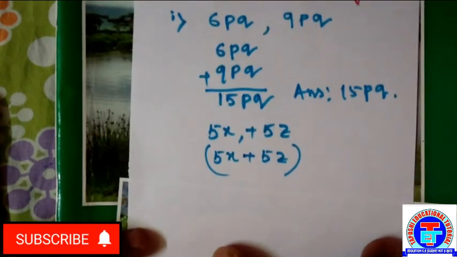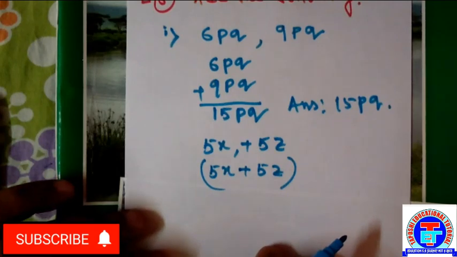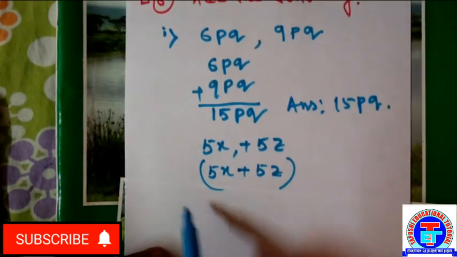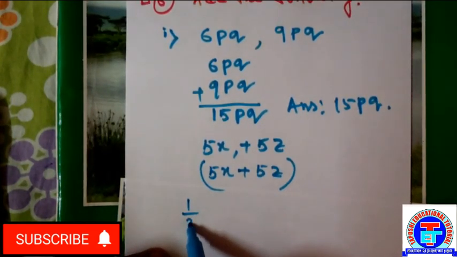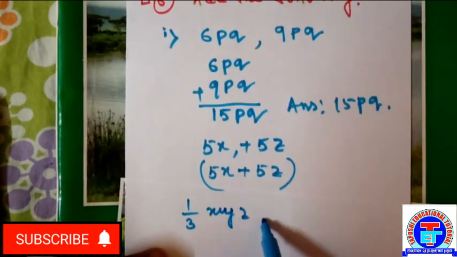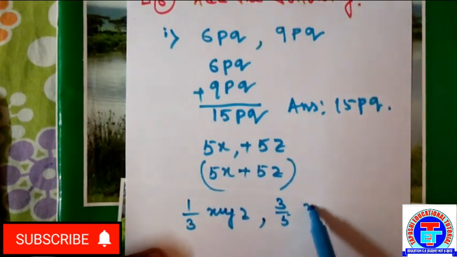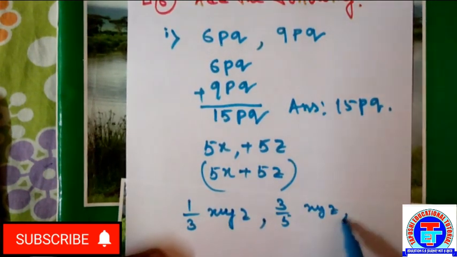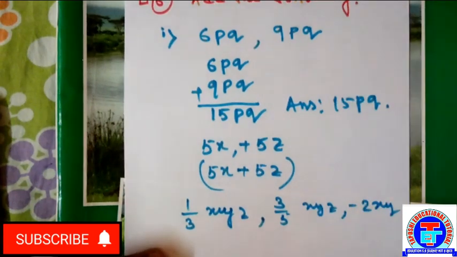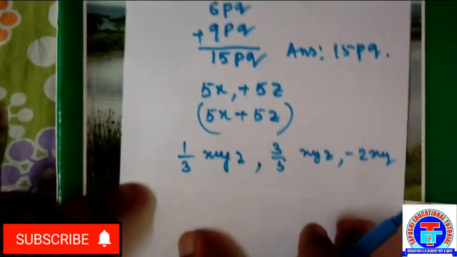Now another is given here: 1 by 3 xyz, 3 by 5 xyz and minus 2 xyz, right? Now we add these. How to solve this problem?